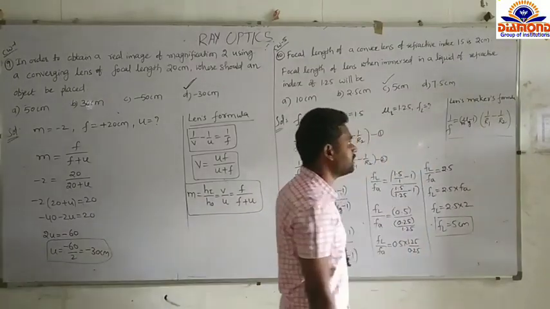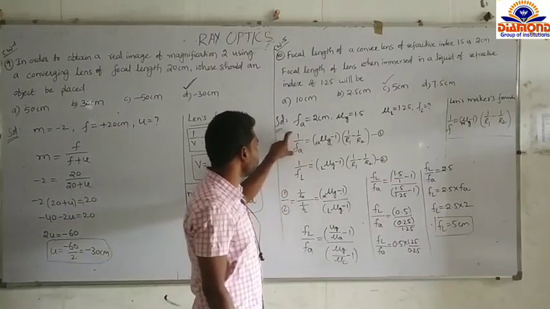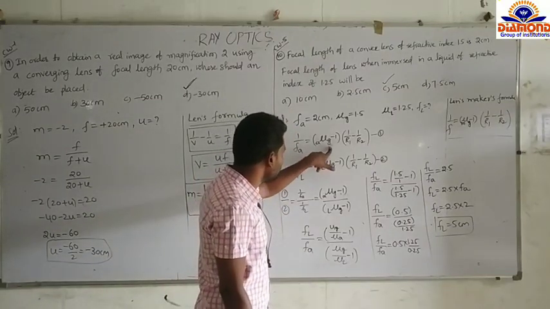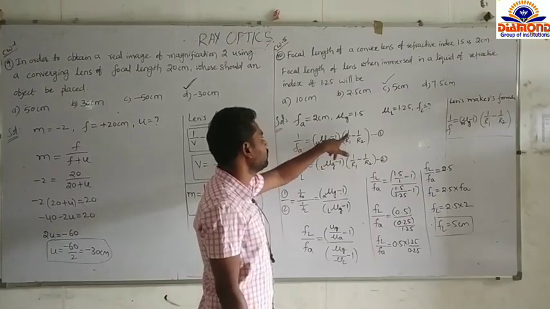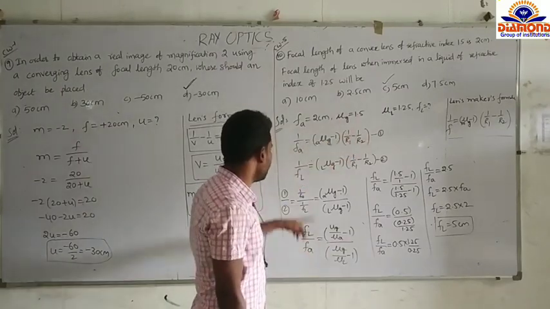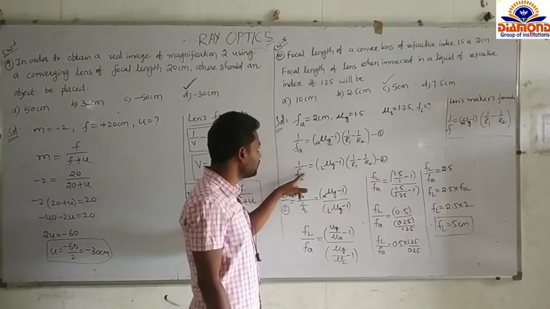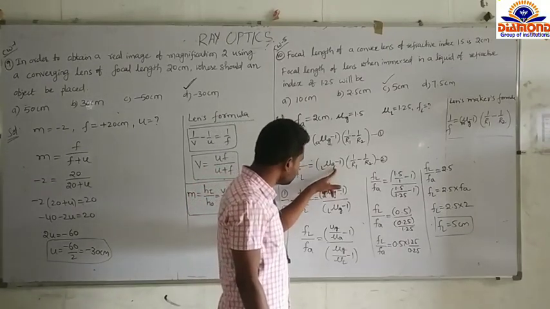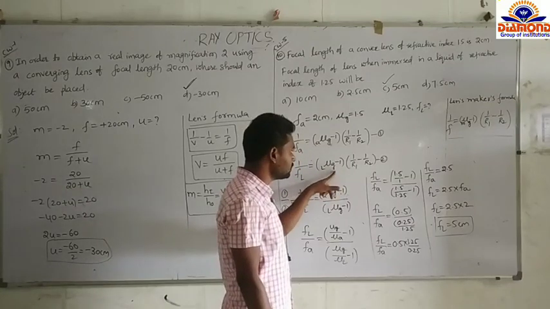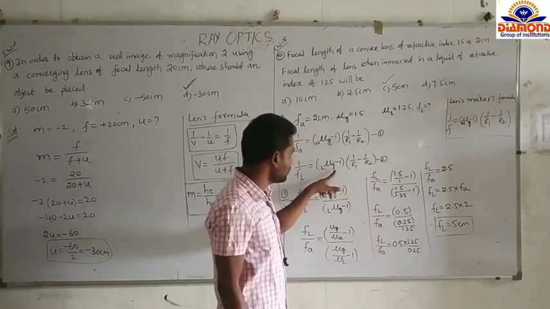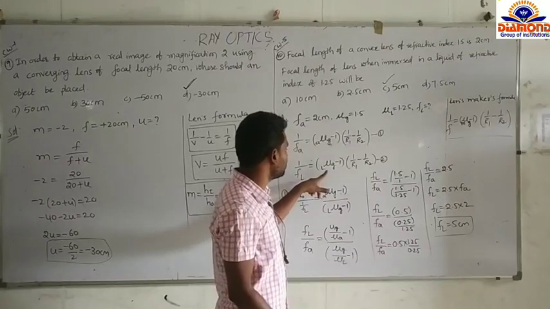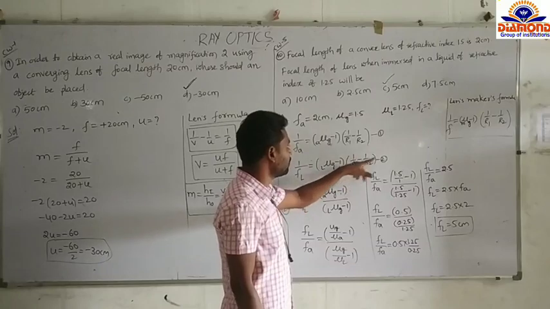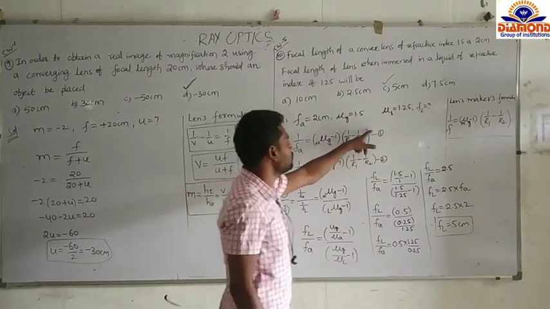So in the first case, it is the refractive index of the lens with respect to air, into (1 by R1 minus 1 by R2). In the second case, the lens is in the liquid, so 1 by FL equal to the refractive index of the lens with respect to the liquid, where G means glass and L means liquid, minus 1, into (1 by R1 minus 1 by R2). These are the two equations we got.